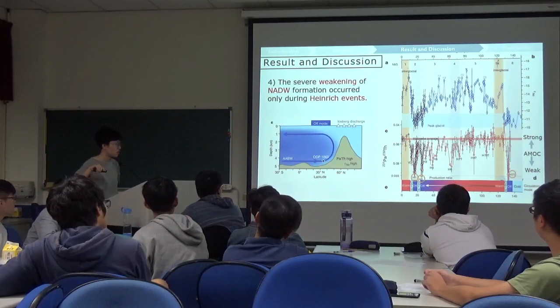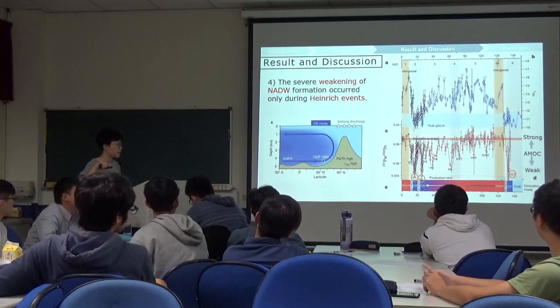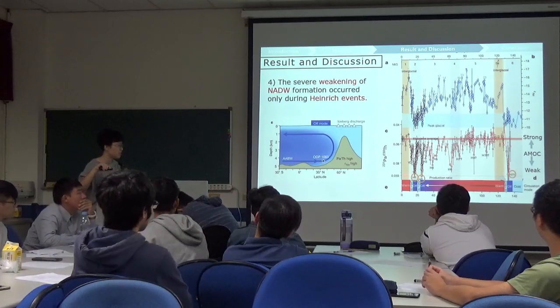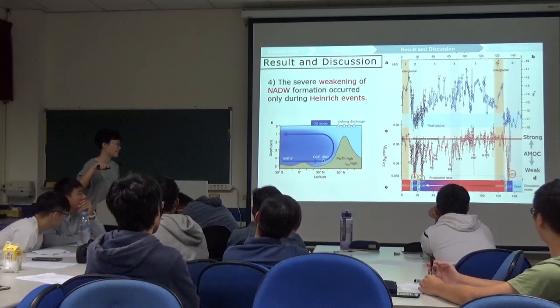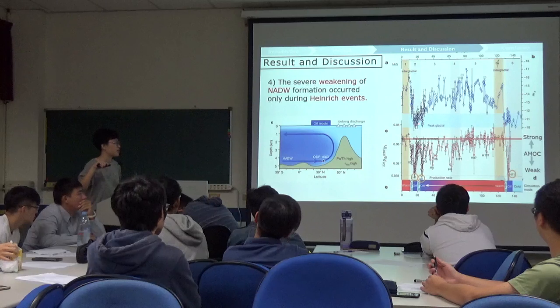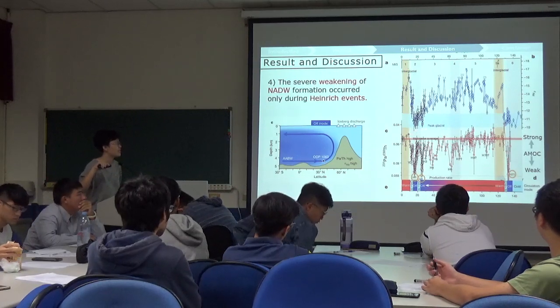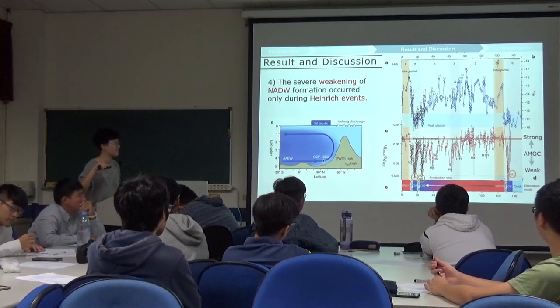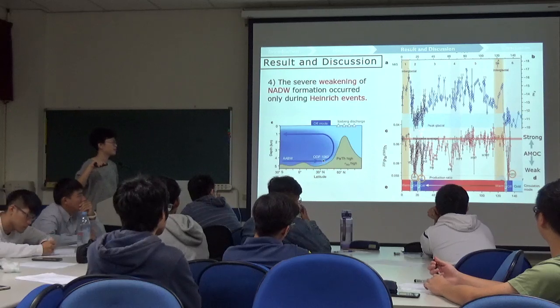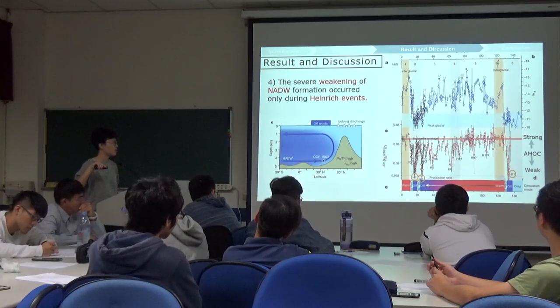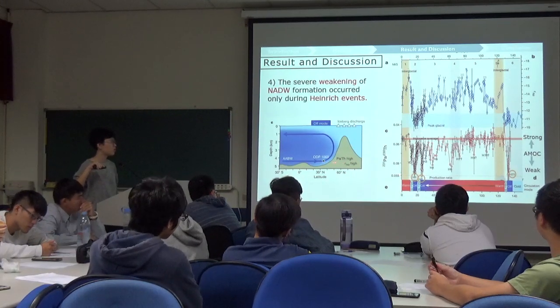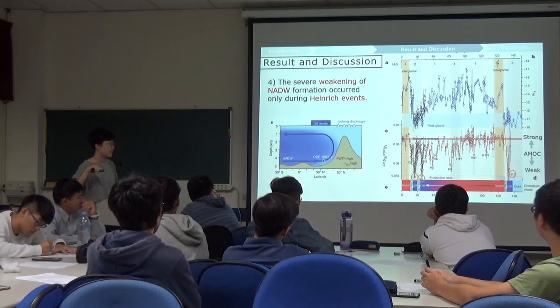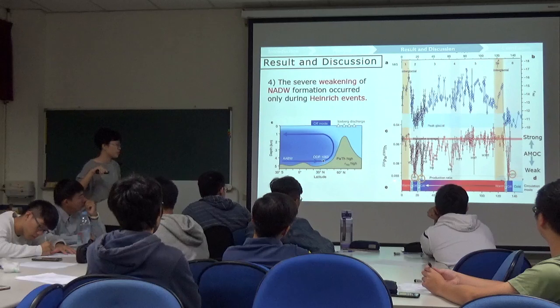Next, we can see these 3 parts have very high protactinium-thorium values and also very positive neodymium values. This corresponds to the off mode, like this, and it only occurred during the Heinrich events.